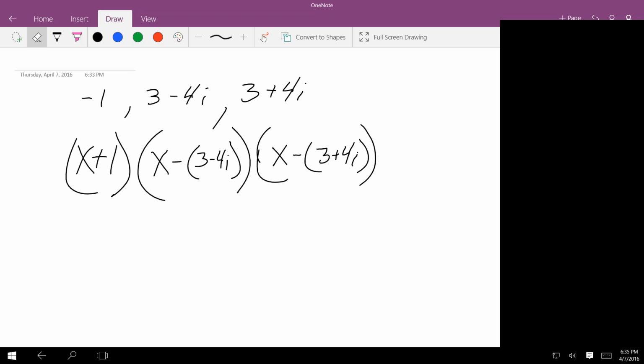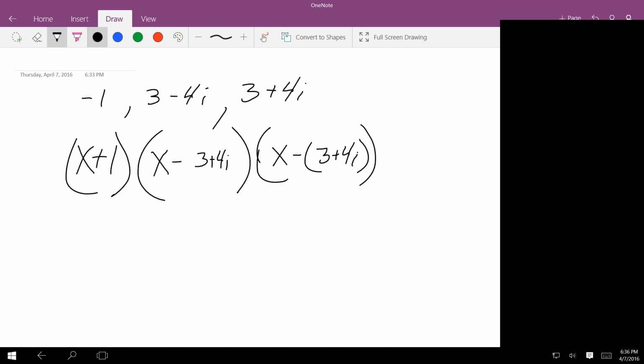Now, the algebra is a little tricky here. The first step would be to remove the parentheses. So this one, when I remove the parentheses, that minus 4i turns into a plus.